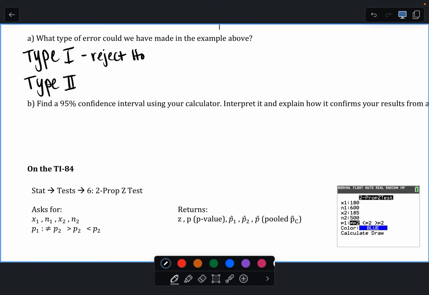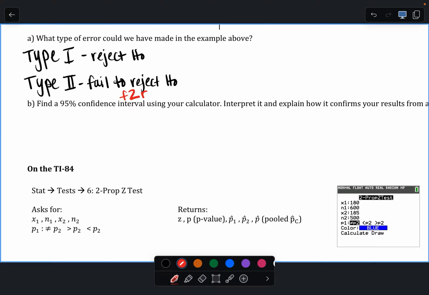So if you rejected H0, you potentially made a type 1 error. If you decided to fail to reject H0, that means you potentially made a type 2 error. And I always remember this by saying fail to reject is type 2 error.